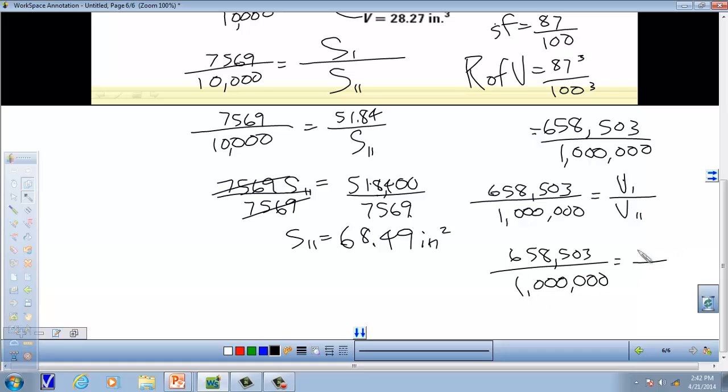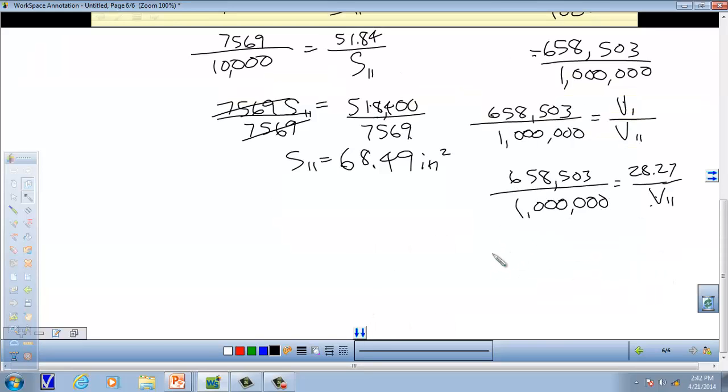And the volume for 1 was 28.27. And the bottom one we would just say volume for number 2. Cross multiplying, we get 658,503 times the volume for 2. And now we're going to add 4 more decimal places to that, 1, 2, 3, 4. That gives us 28,270,000.